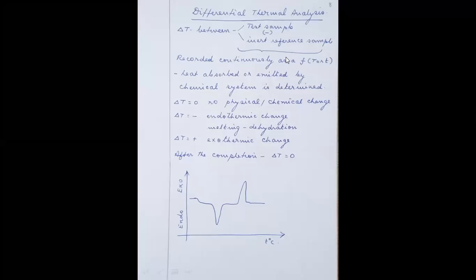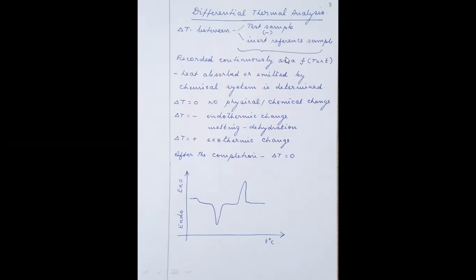Previously we were recording the change in the weight with the temperature, or the temperature was maintained constant and the change of weight with the time was measured. These two parameters, the weight change and the temperature or the time, were plotted against each other, and from the graphical representation we were able to explain some of the important physical and chemical characteristics of the substances.